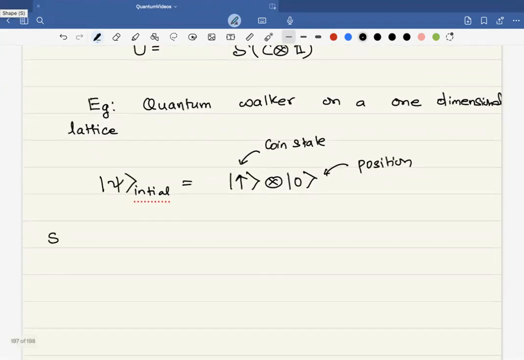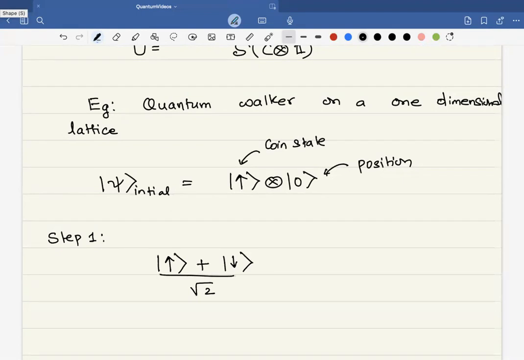Now let's do 3 steps. So let's say step 1. First, the coin gets tossed. So the coin acts only on the coin state. So it's a Hadamard coin. So the coin takes the coin state to (up plus down) over square root of 2.